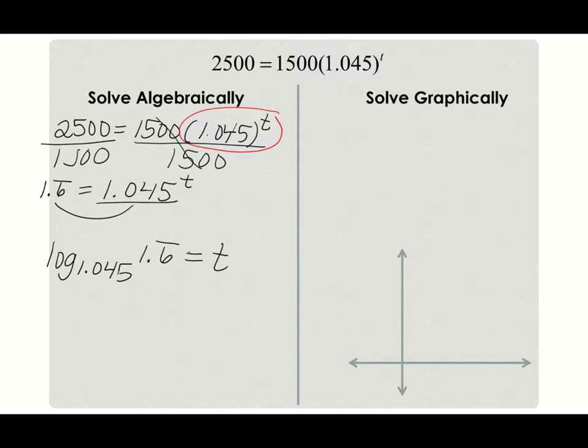So if I can, I want to go into math and go find log base and hit enter. Now I'm going to type 1.045 into my base, and then into my next box, if I hit second and the negative button, it says answer right above it, it'll put in 1.66666 repeating, so I'll get an exact answer. And my exact answer would be 11.6 years.